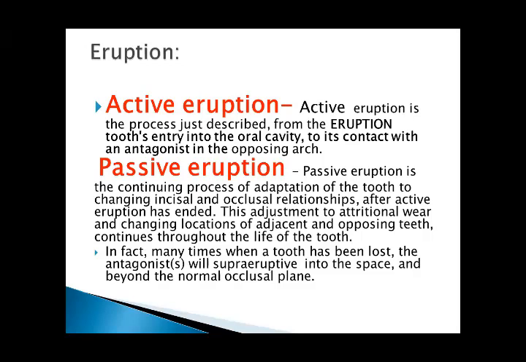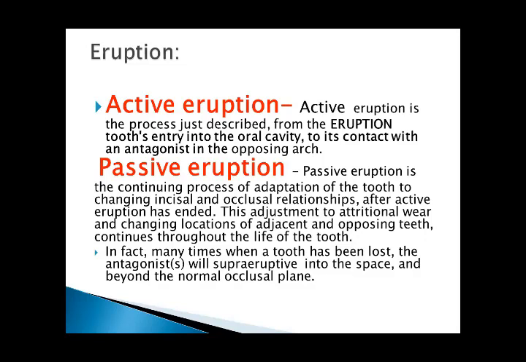Number one is active eruption. Active eruption is the process just described, from the tooth's entry into the oral cavity to its contact with an antagonist in the opposite arch. And passive eruption is a continuing process of adaptation of the tooth to changing incisal and occlusal relationships after active eruption has ended.